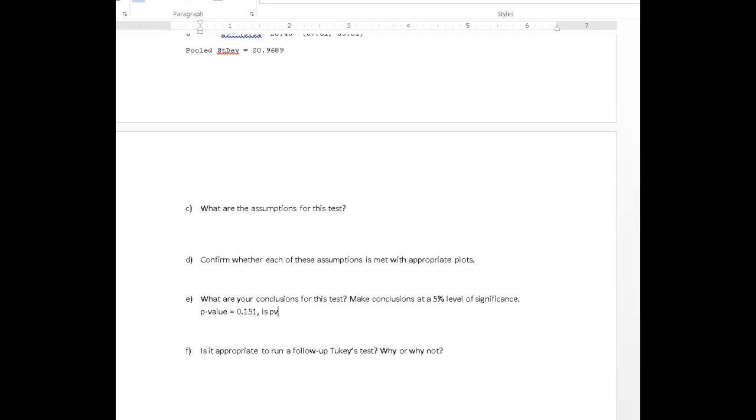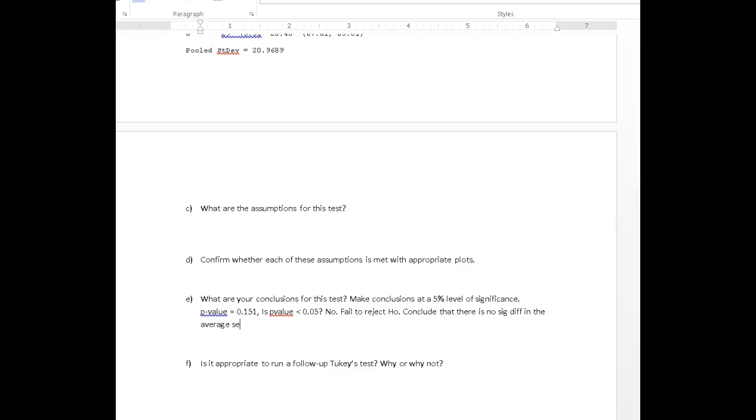Is my p-value less than 0.05? The answer is going to be no, because 0.151 is bigger. In which case, we fail to reject the H0 statement, and we are going to conclude that there is no significant difference in the average serving time of these 6 tellers.